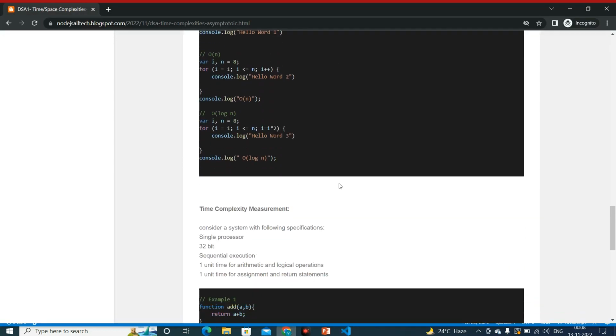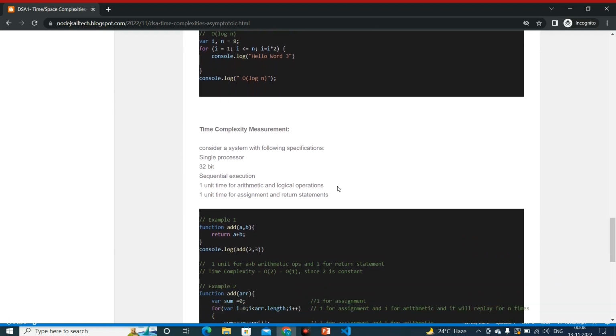Now we'll move towards the time complexity measurement. For time complexity measurement, we'll take one scenario, that is, consider a system with the following specifications: a single processor, 32-bit, 1 unit time for arithmetic and logical operation, and 1 unit time for assignment and return statements.